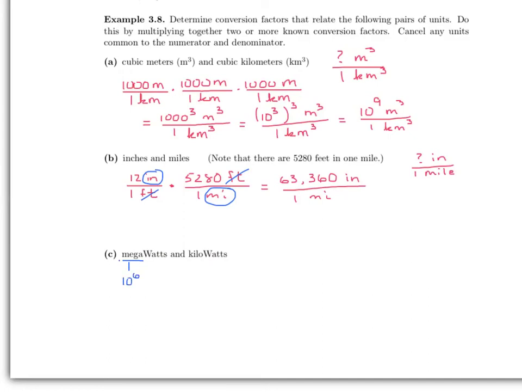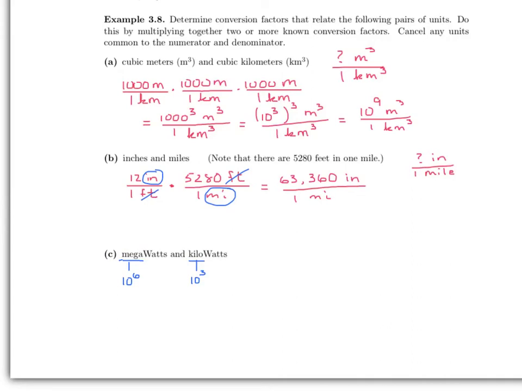So a megawatt is the same as 10 to the 6th watts, whereas a kilowatt represents 10 to the 3rd, or 1,000 watts. So if you compare these 2 quantities together, this is the bigger quantity right here, and so we can ask, how many kilowatts are there in 1 megawatt? If we are able to say that, then we can write down a conversion factor.